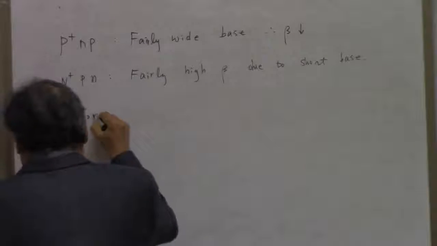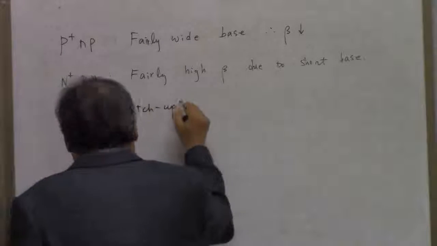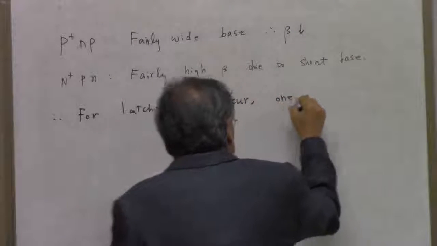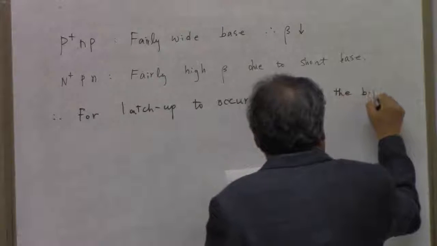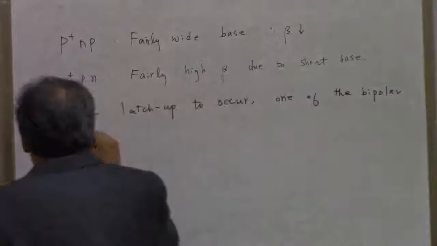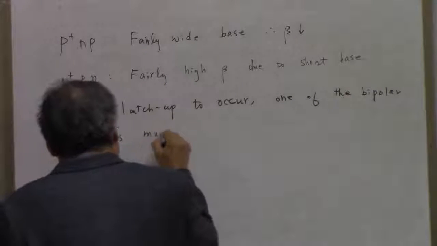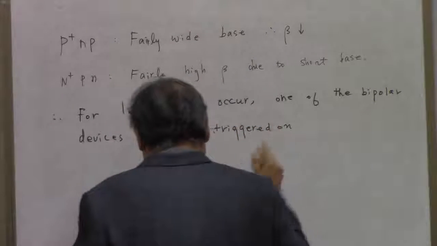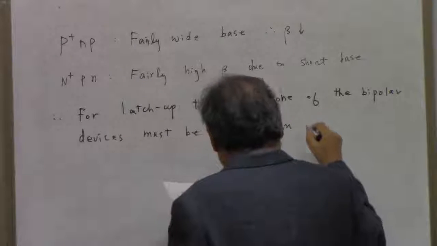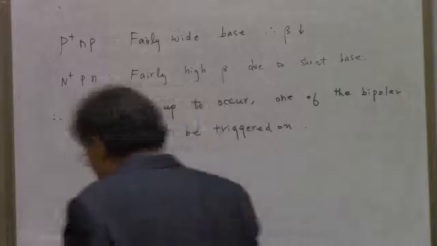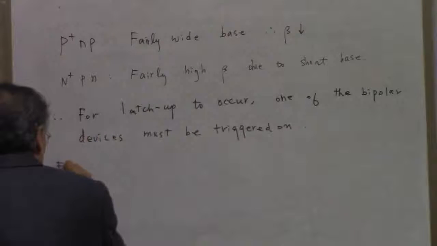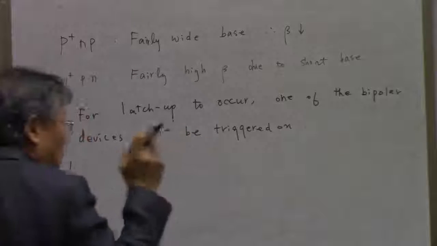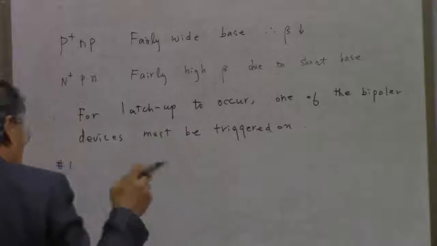So for latch up to occur, one of the bipolar transistors has to be turned on, and there are three ways for one of these bipolar transistors to be turned on.